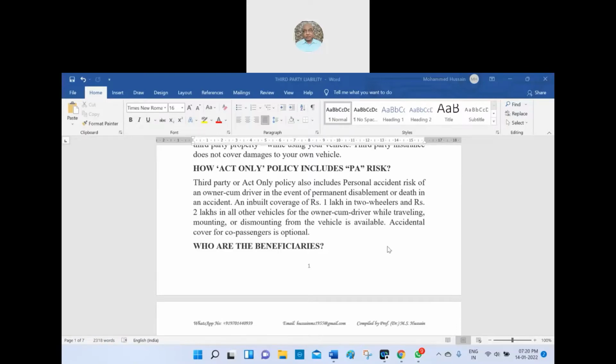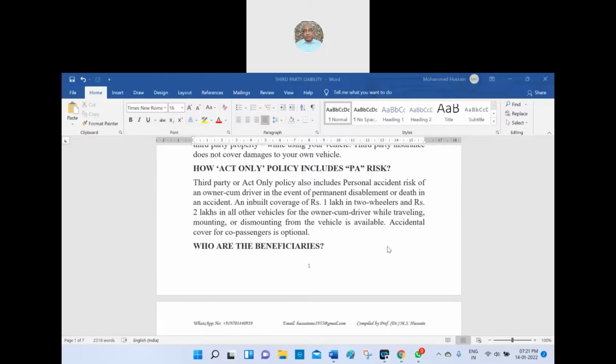personal accident risk of an owner-cum-driver in the event of permanent disablement or death in an accident. An inbuilt coverage of 1 lakh in two-wheelers for the owner-cum-driver, we don't say driver, we say rider for two-wheelers, and rupees 2 lakhs in all other vehicles for the owner-cum-driver while traveling or mounting or dismounting from the vehicle is available.